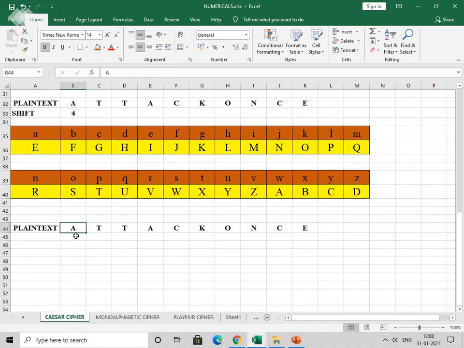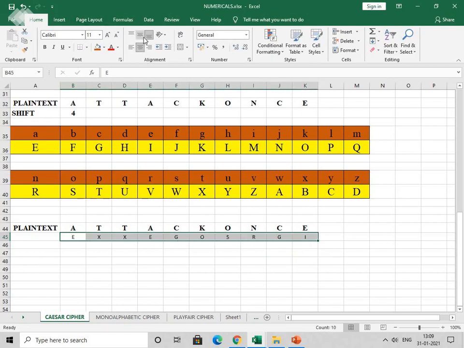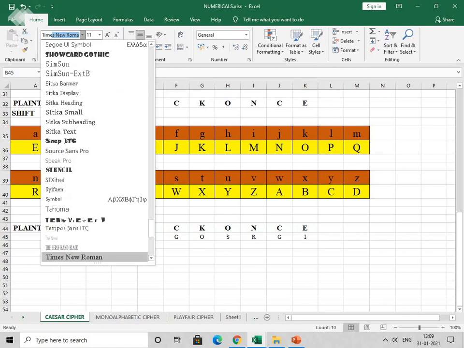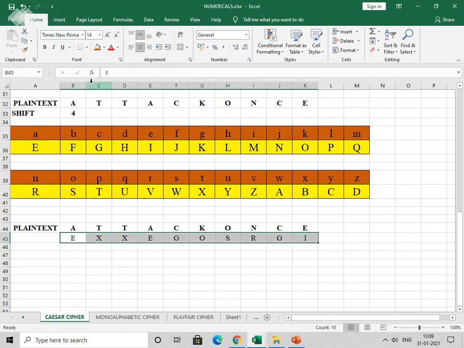A should be replaced by capital E, T should be replaced by X, T by X, A by E, C by G, K by O, O by S, N by R, C by G, and E by I. So this is your encrypted cipher text.